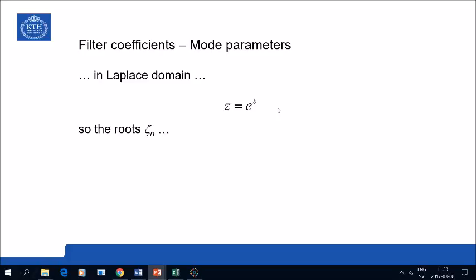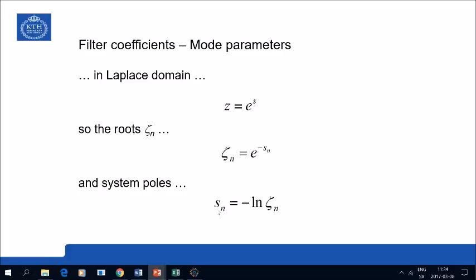So the roots zn can be expressed in this way, and sn is the system poles we are looking for. If we solve for the system pole, we get this relationship. So if we take the natural logarithm of the denominator roots determined from the Z domain version of the system transfer function, and then take a minus sign of that, then we get the corresponding system pole.